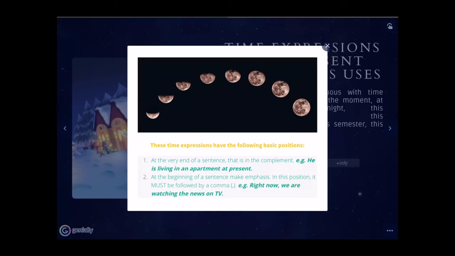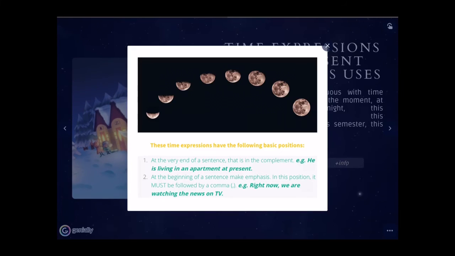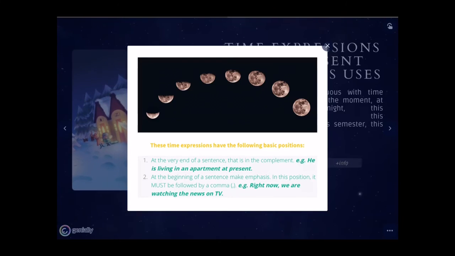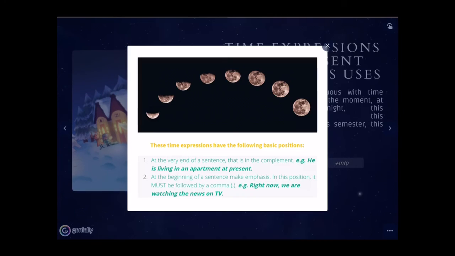When we put the time expression at the beginning, it is to make more emphasis on the time in the sentence. Okay?